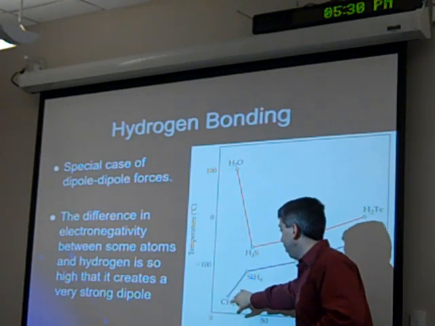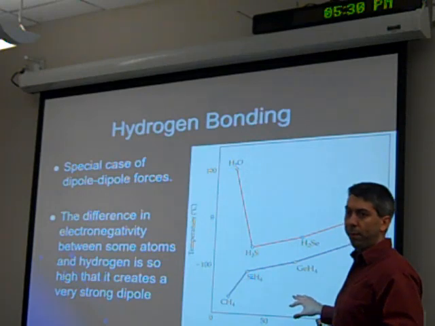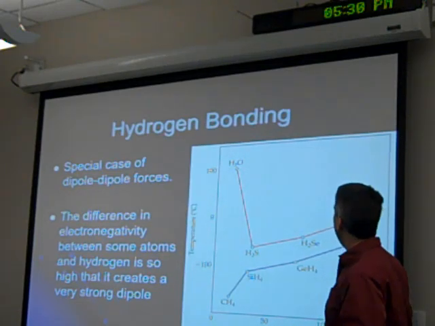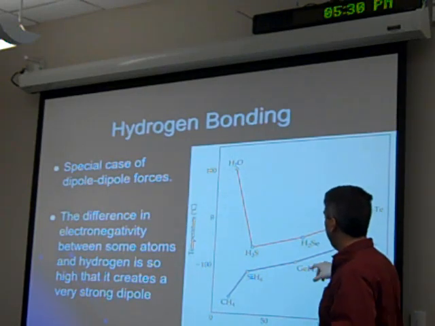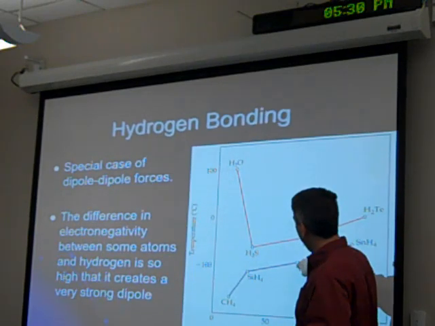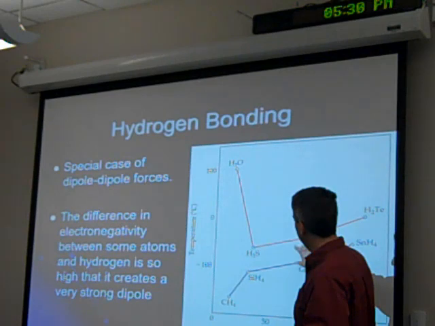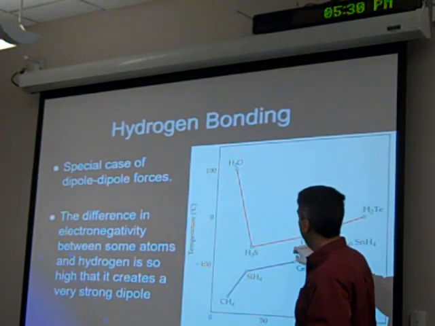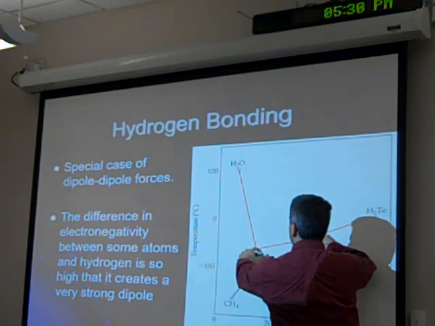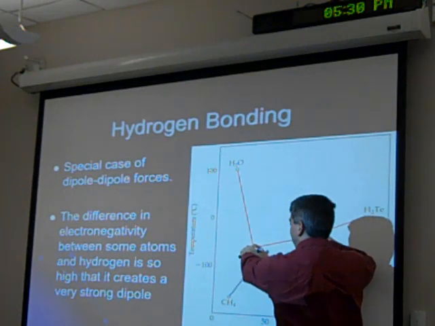Now, these guys are nonpolar, so all they have is London dispersion forces. And so as they get heavier, you see this notable increase. And you'll also notice something kind of interesting. The difference between being polar and not polar, dipole-dipole versus just London dispersion forces, is pretty significant, right? Whereas the difference between having London dispersion forces added on top of a polar one is not as big of a difference.